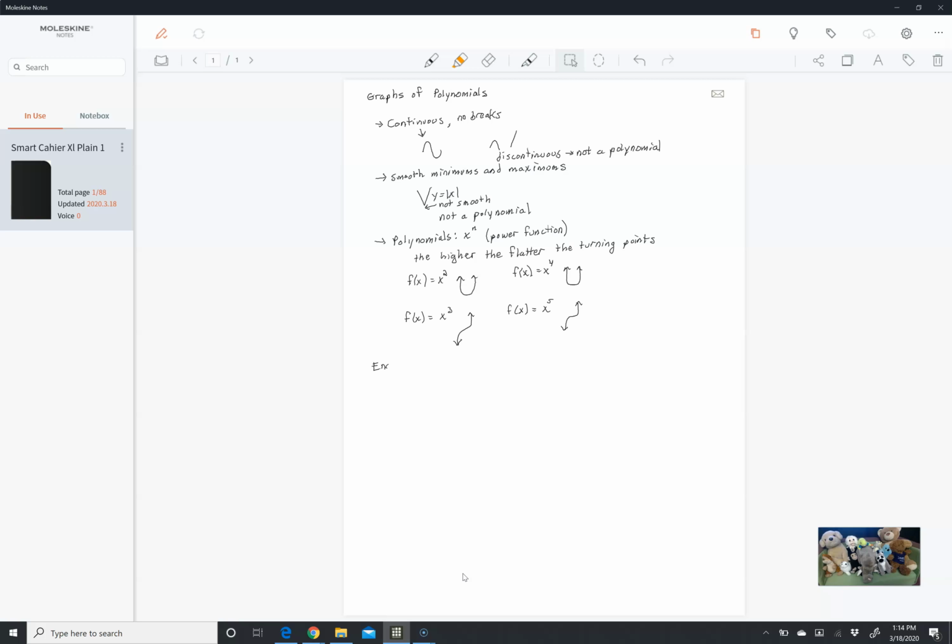The end behavior is what's happening on the ends, all the way to the left and all the way to the right. So here and here, these would be considered the ends.